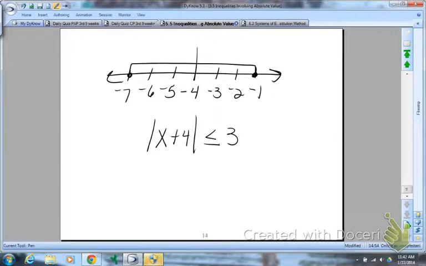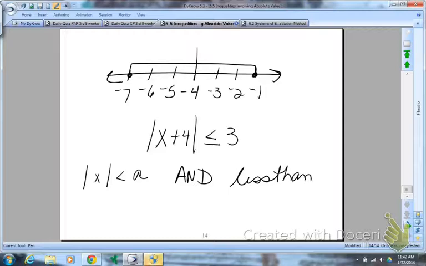So let's just do a really quick recap. When we have an absolute value is less than some number, what word goes with less than? And. That's how you can remember less than is an and.